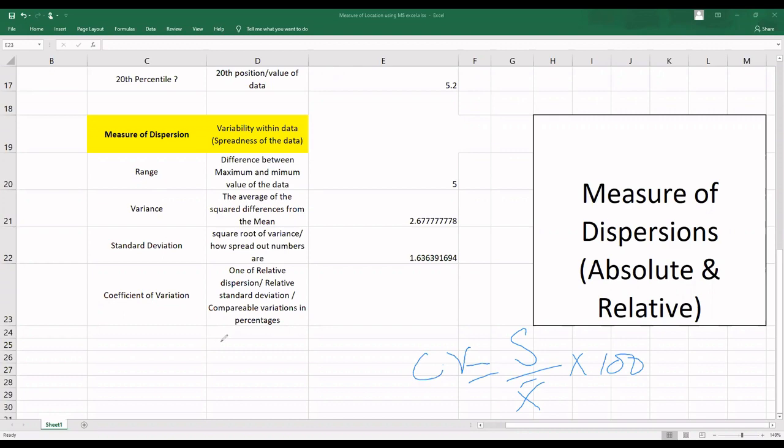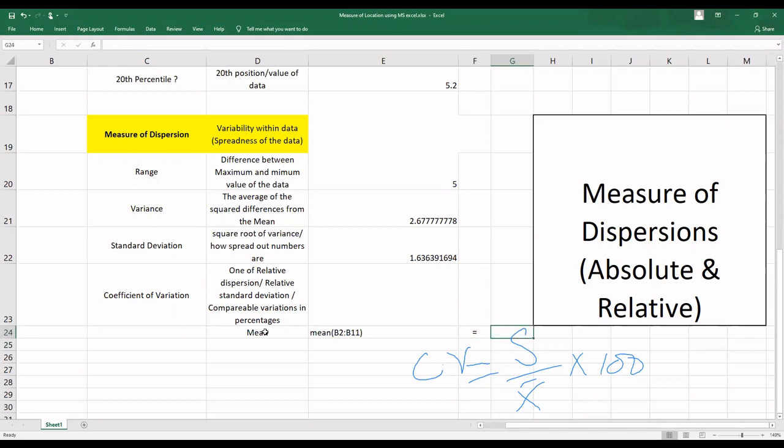The mean value we can find out here. I am just writing the function, mean for B2 to B11. We want to find the mean here.